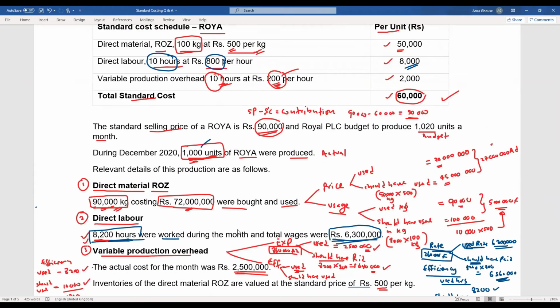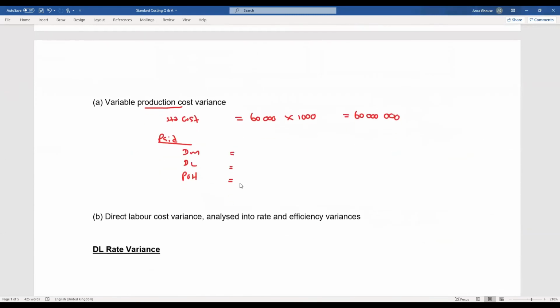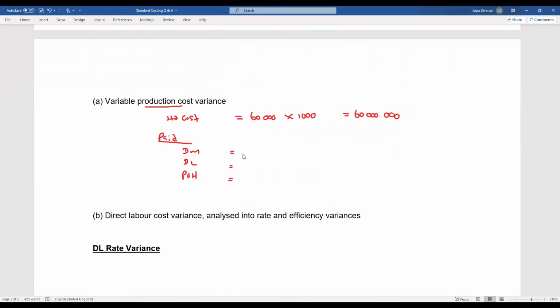You are given the actual payments: direct material we paid 72 million, direct labor 6.3 million, and variable production overhead 2.5 million.